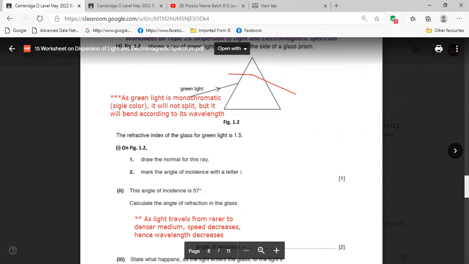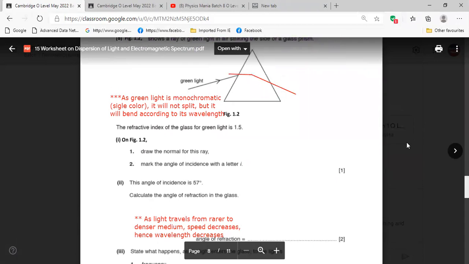In this diagram, we have to draw the same way, this way. There is bending, and after this we have the bending this way, okay?